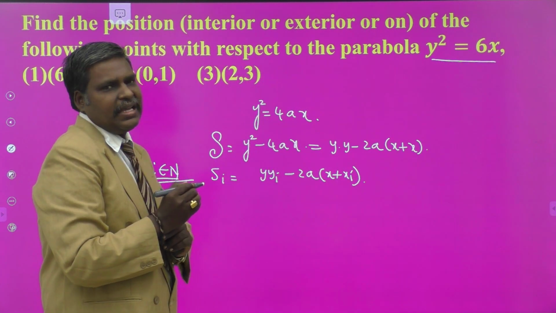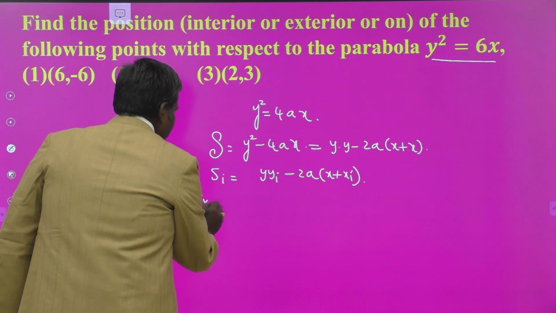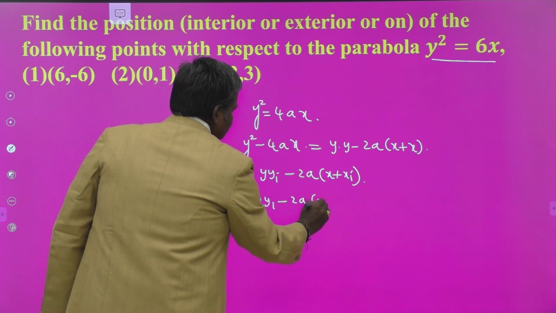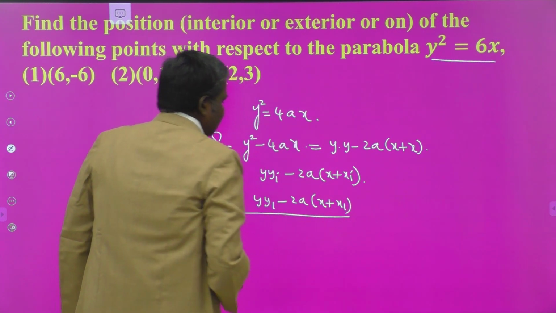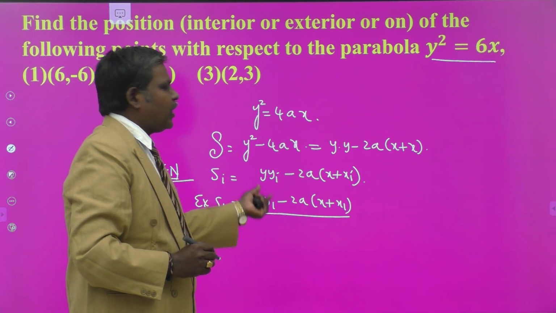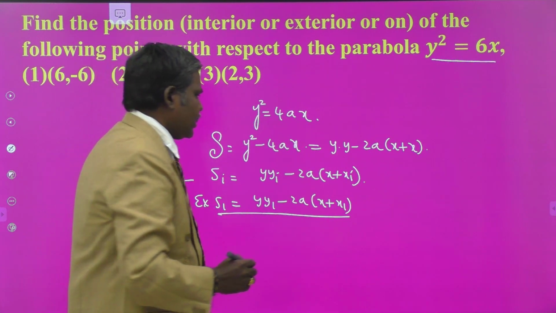This is Si. Example S1 is y y1 minus 2a times (x plus x1). So this is an expression in x and y. To get S1, we need one point (x1, y1) and one expression y square is equal to 4ax.